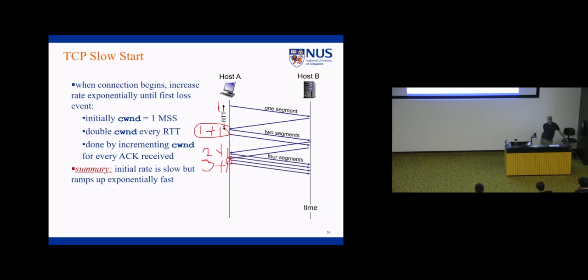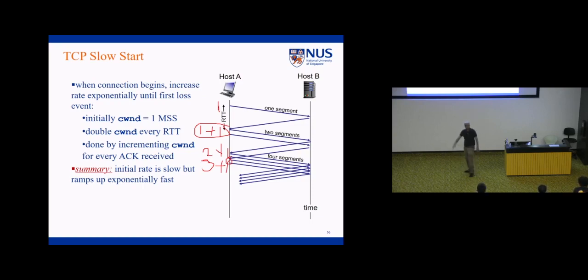I send 4 packets. And then, if everything is good, I get 4 acknowledgements. Each one of them will increase my window by 1. So it will become 5, then the next ACK it becomes 6, then the next ACK becomes 7, the last ACK becomes 8. So my window is doubling essentially every round trip time. So each one of them is like 1 round trip time.